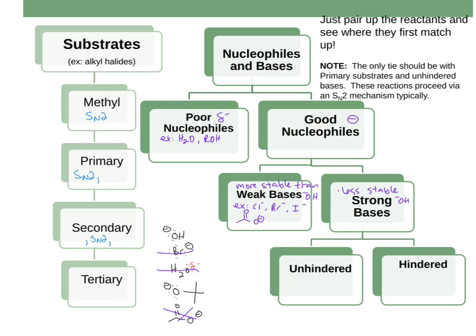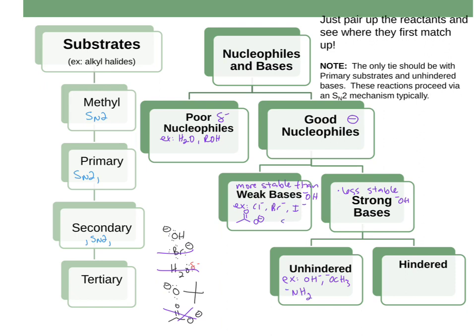And then for our strong bases, the rest of these are going to be strong, I just need hindered and unhindered. By unhindered, I mean things that don't really have branching at the point of attachment, versus hindered things that have branching at the point of attachment to the basic or nucleophilic atom. So unhindered would be things like hydroxide, which we put, small alkoxides like methoxide, ethoxide, maybe NH2 minus, stuff like that.